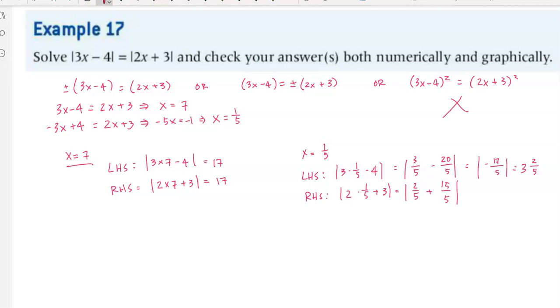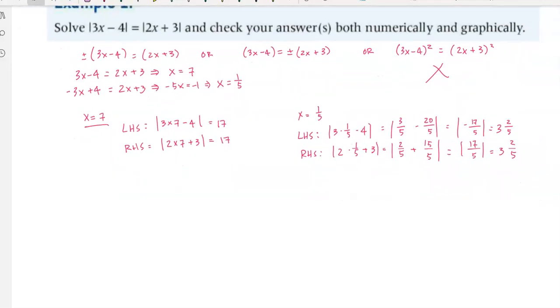Did I tell you that I'm horrible at multiplication? Mixed numbers, fun, fun. So both of them work.